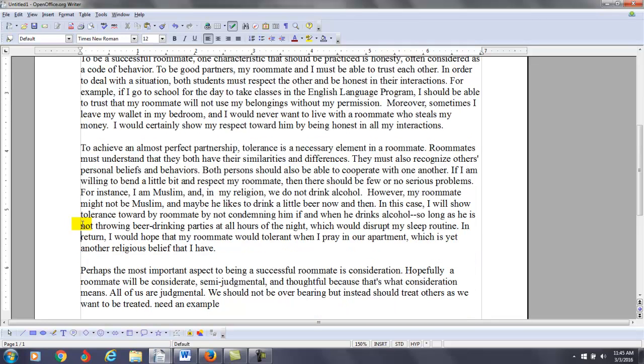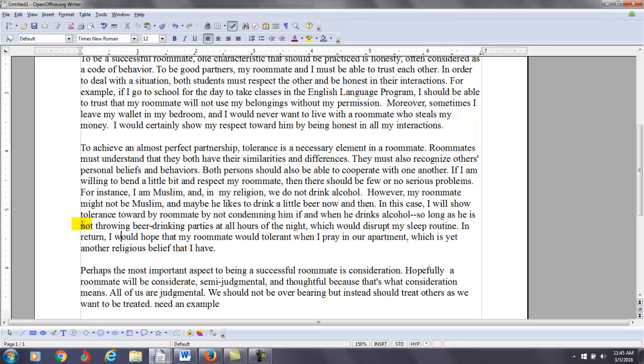However, my roommate might not be Muslim, and maybe he likes to drink a little beer now and then. In this case, I will show tolerance toward my roommate by not condemning him if and when he drinks alcohol, so long as he's not throwing beer drinking parties at all hours of the night, which would disrupt my sleep routine.